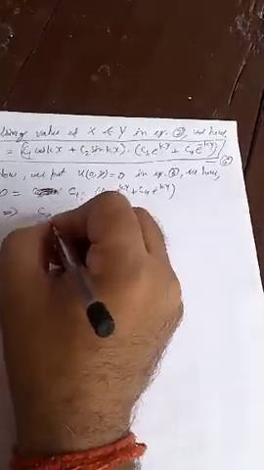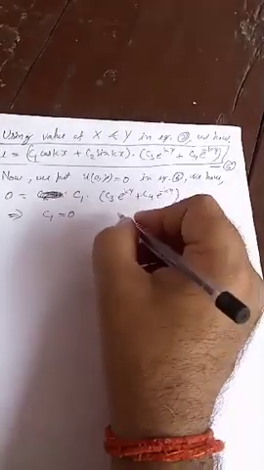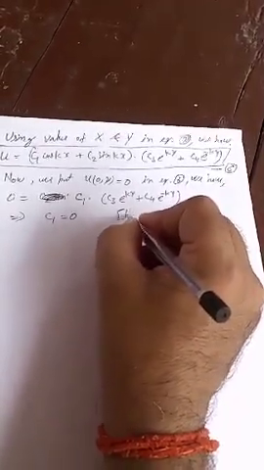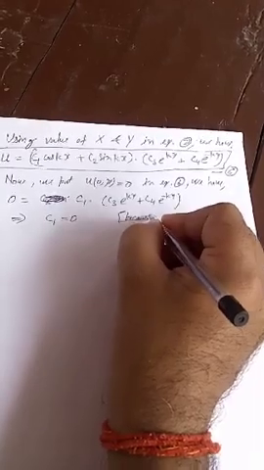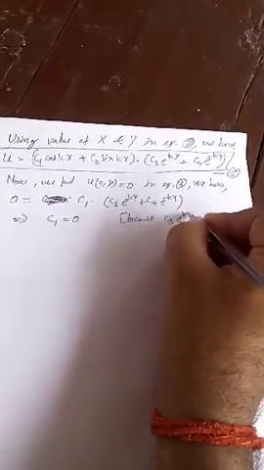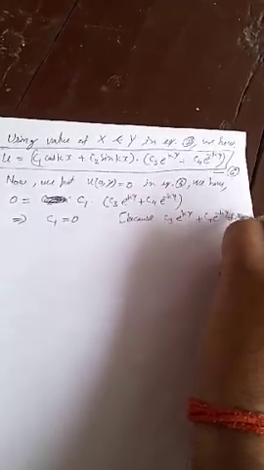This implies that C1 is equal to 0, because C3 e to power ky plus C4 e to power minus ky is not equal to 0, since we have to substitute the value of x. So this y function is not equal to 0.